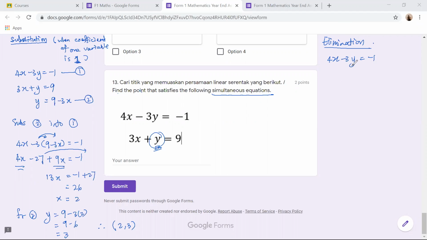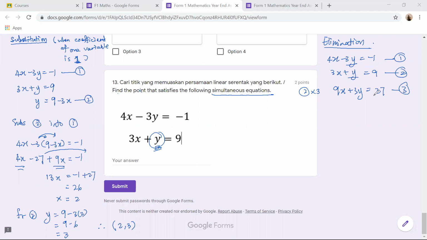Okay, 4x minus 3y equals to negative 1, and then 3x plus y equals to 9. Call this equation 1, call this equation 2. I shall change equation 2 so that it has the same coefficient of y as equation 1. So I times 3: 3 times 3x equals to 9x, y times 3 equals to 3y, 9 times 3 equals to 27.